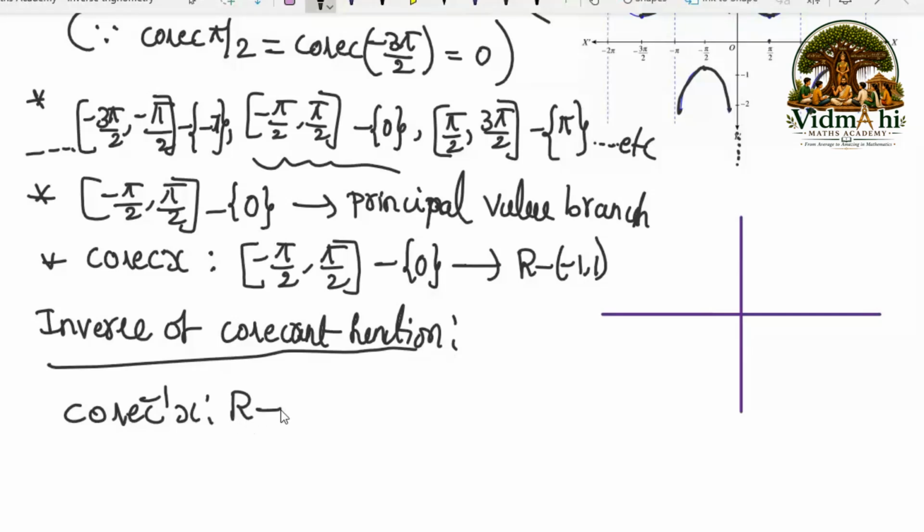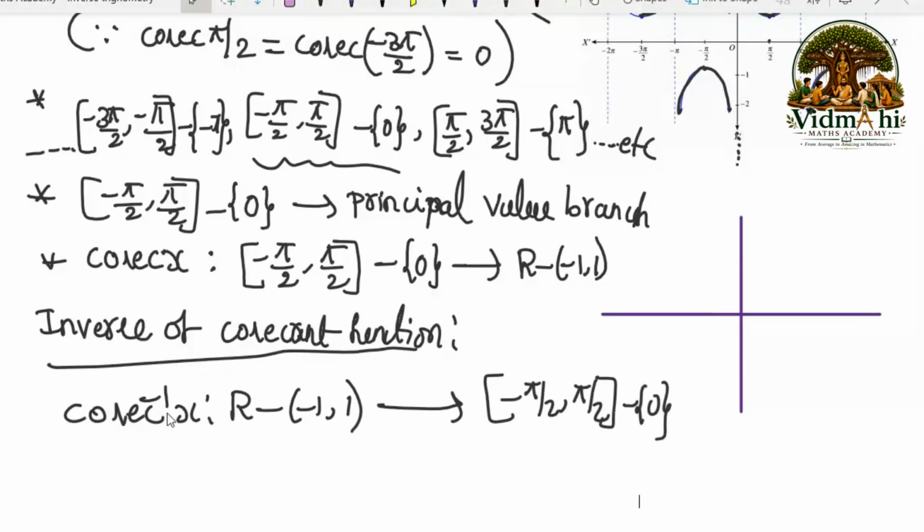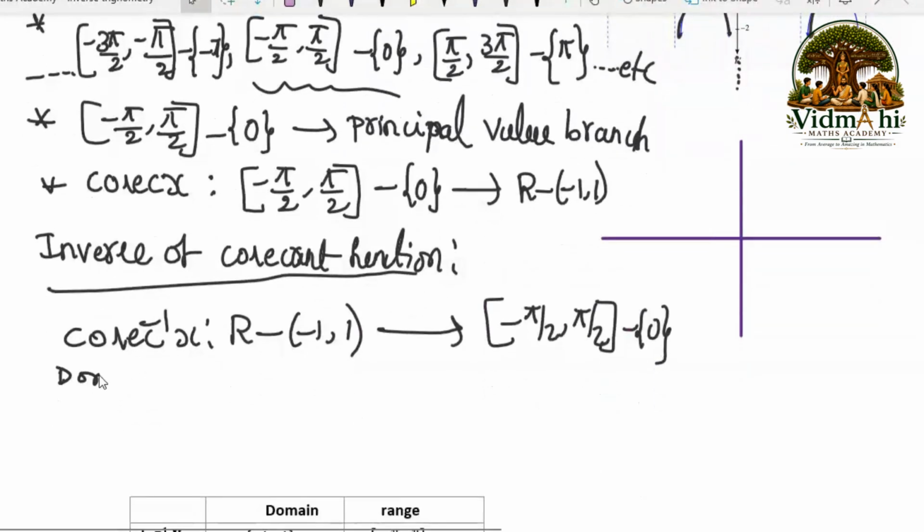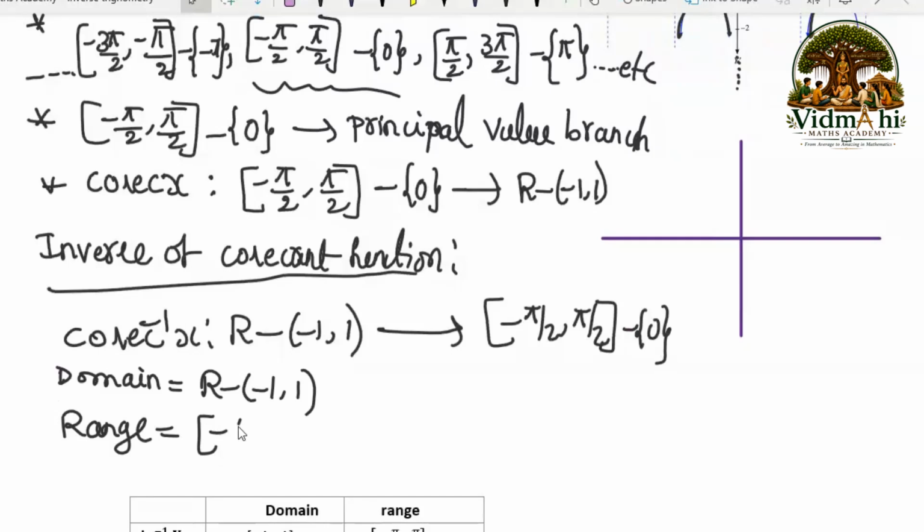So R minus (minus 1 comma 1) maps to the closed interval minus pi by 2 comma pi by 2 except 0. So here the domain of this inverse cosec function is R minus (minus 1 comma 1), and the range is minus pi by 2 comma pi by 2 except 0.